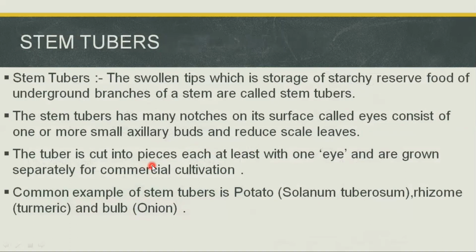The tuber is cut into pieces, each with at least one eye, and grown separately for commercial cultivation, again to increase the number of generations of this plant. Common examples of stem modifications are potato, rhizome in turmeric, and the bulb of onion.